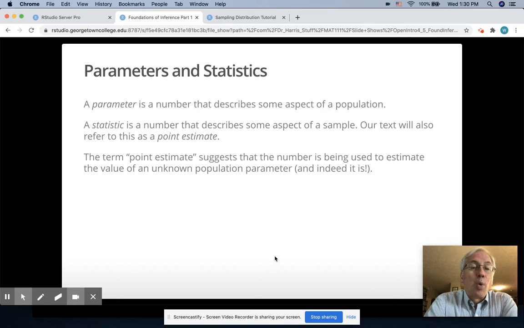You'll see the term point estimate in our textbook, and for many purposes, point estimate is a synonym for statistic. Basically, it suggests that a statistic is being used to estimate the value of a parameter.